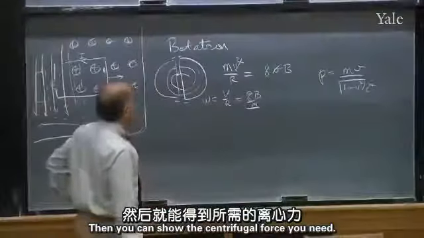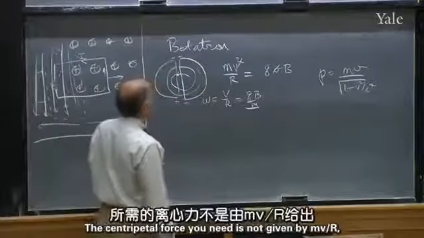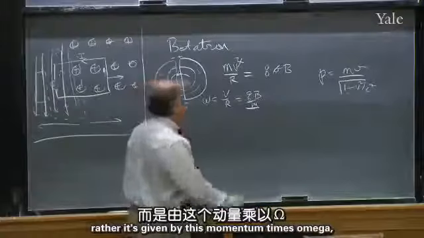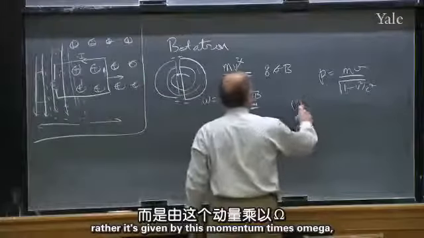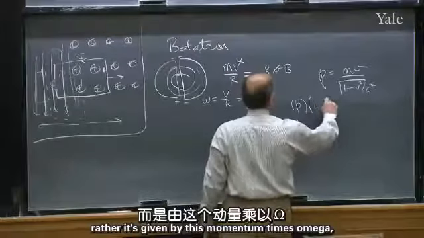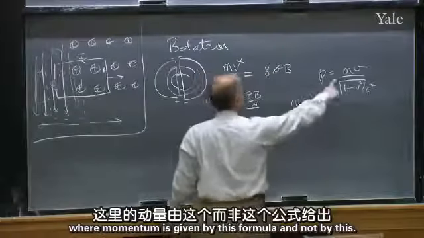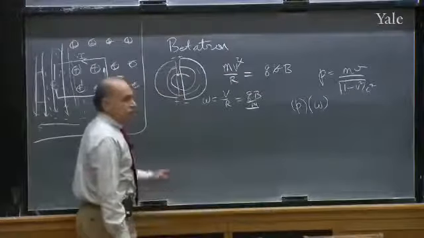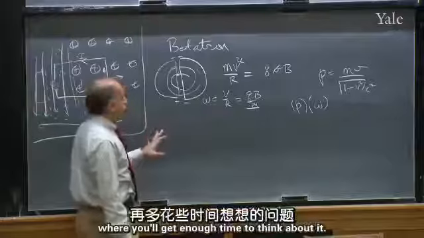Then you can show the centripetal force you need is not given by mv squared over r, but rather it's given by this momentum times omega, where momentum is given by this formula and not by this. Now, that's a homework problem where you'll get enough time to think about it.